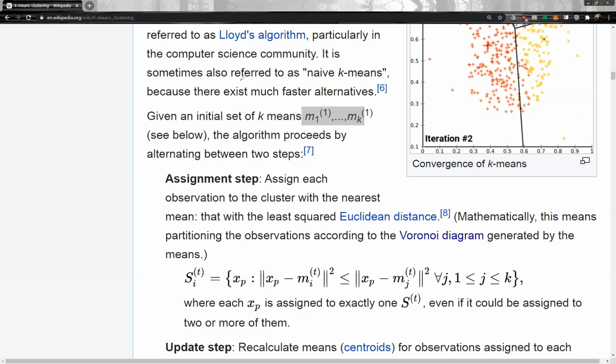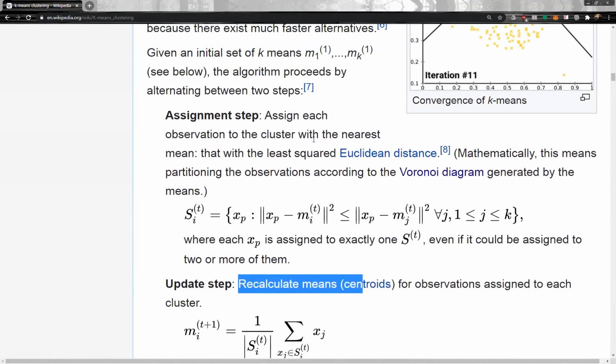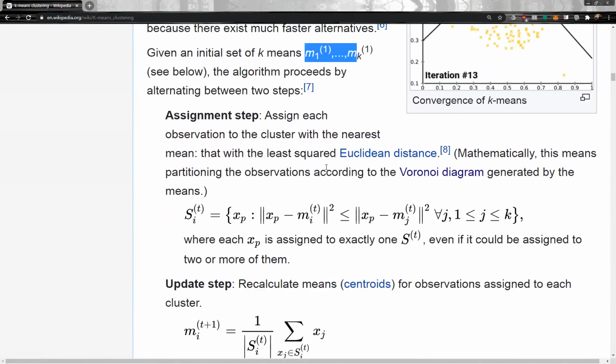Once we do that, we have assigned each observation into k number of sets. The next step is to recalculate the mean, updating this m. How?